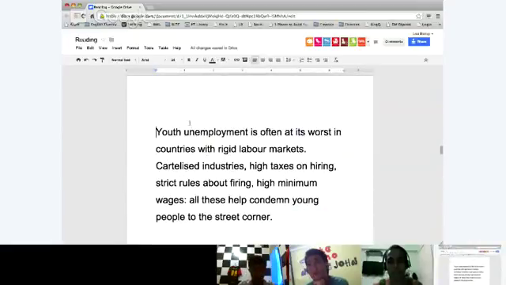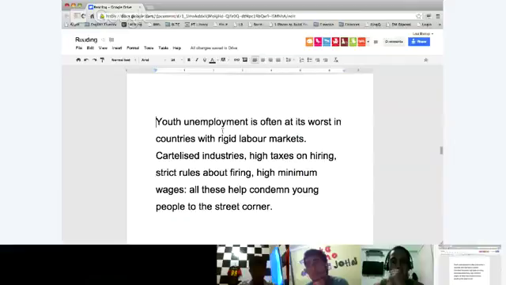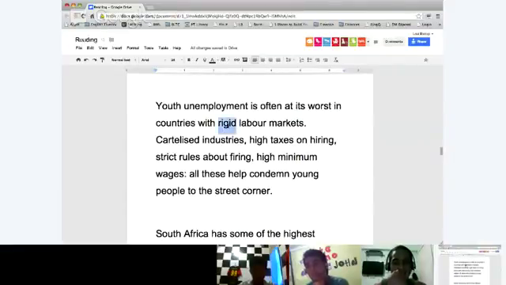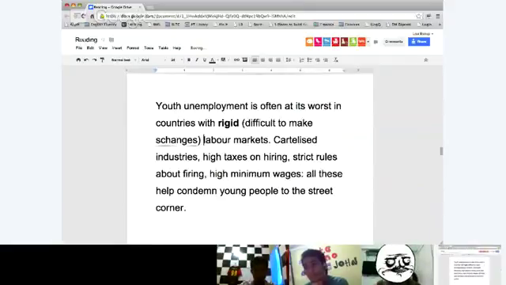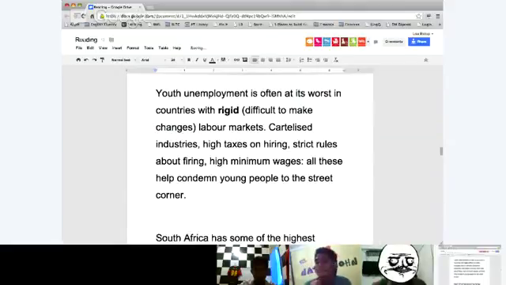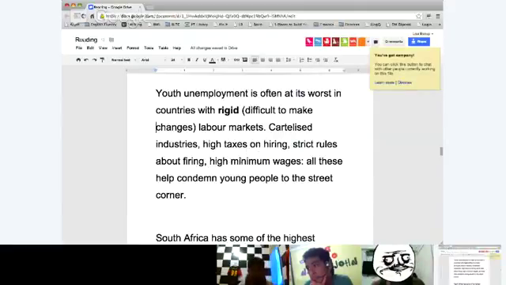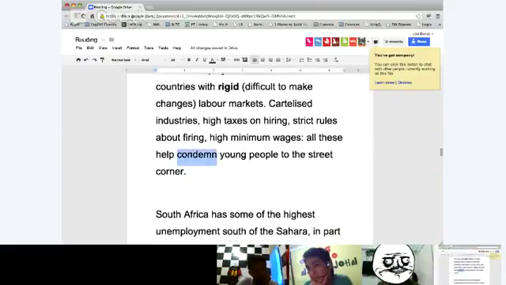And he's telling us that unemployment is often worse in countries with rigid, that means strict, rules. You might want to lower taxes on hiring, and maybe not have such high minimum wages. These are some things that this author is saying condemn young people to the street corner.